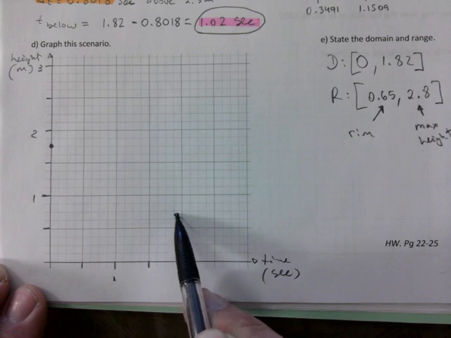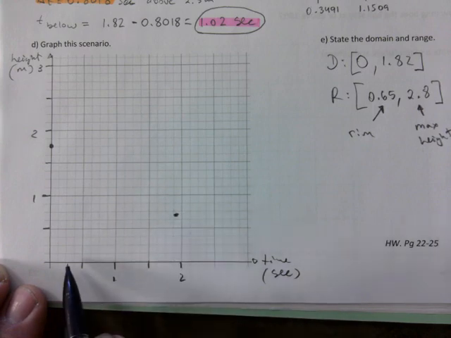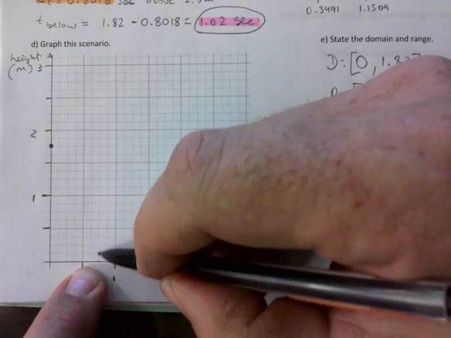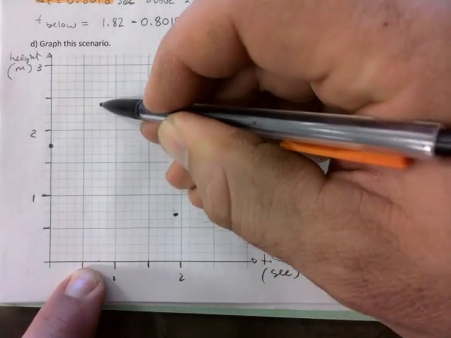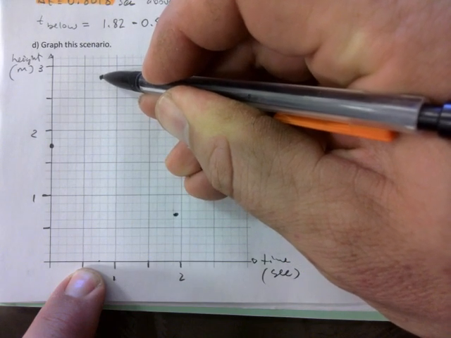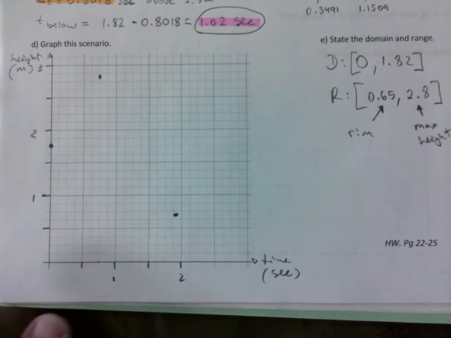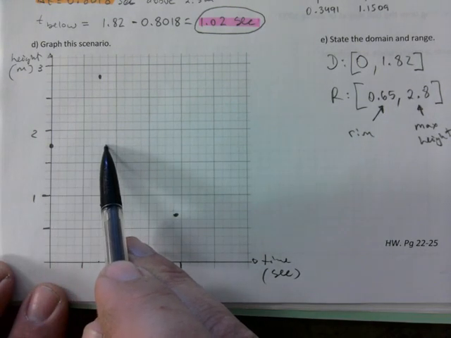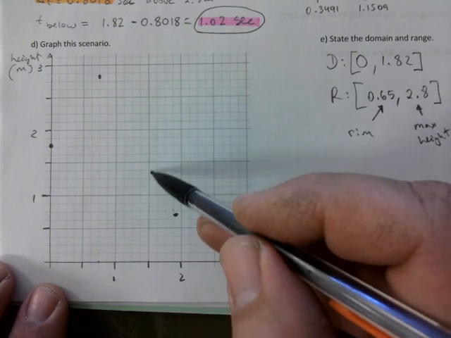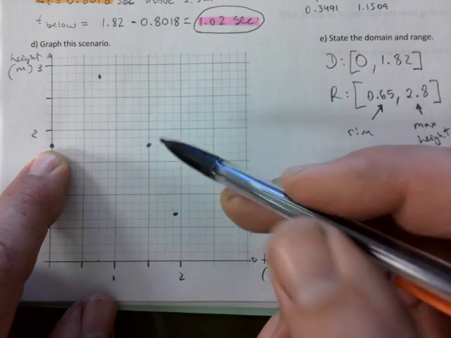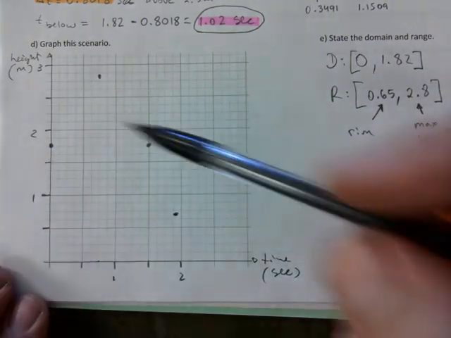Our maximum height is reached at 0.75 seconds right here, all the way to 2.8. This would be 2.75, so 2.8 is right there. And if you want to introduce the third point, which was at 1.5, you're back to where you started, right? Now you have 4 points, even better.